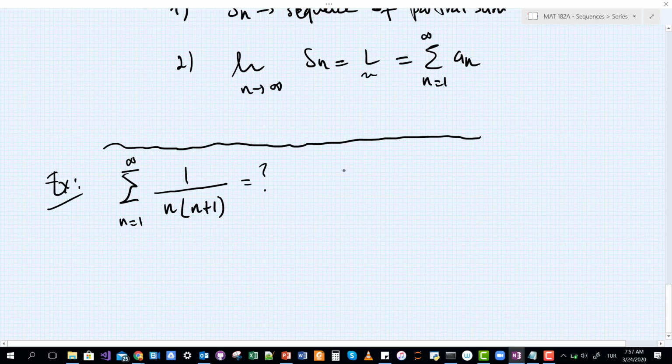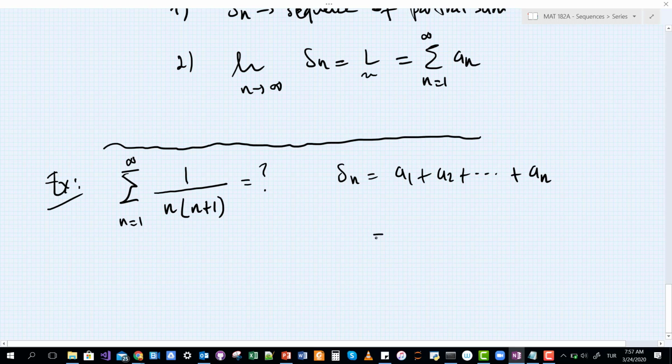There is nothing else I can use, so I'm going to use this technique, the sequence of partial sums. To be able to find the sequence of partial sums, as you know, Sn is equal to A1 plus A2, and I need to find the sum of the first n terms.